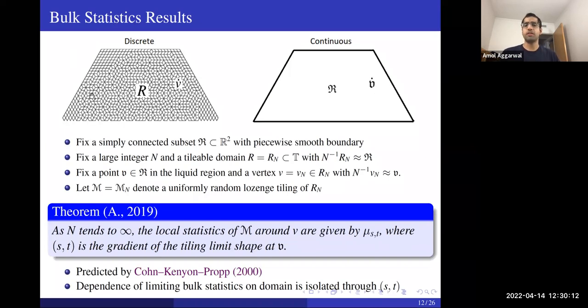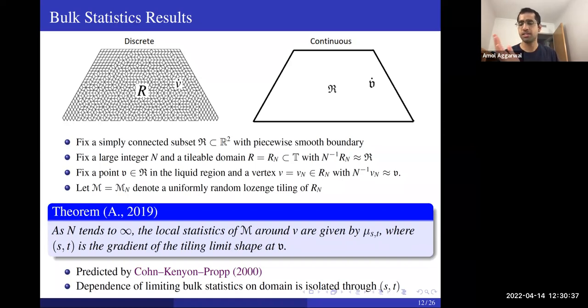And the theorem is that under this level of generality, so if I just started with some simply connected subset with piecewise smooth boundary, then the local statistics on and around v are given by this measure μst from before, where st is the gradient of the limit shape of the tiling around v. Remember these height functions can be interpreted as random surfaces which have a limit shape.